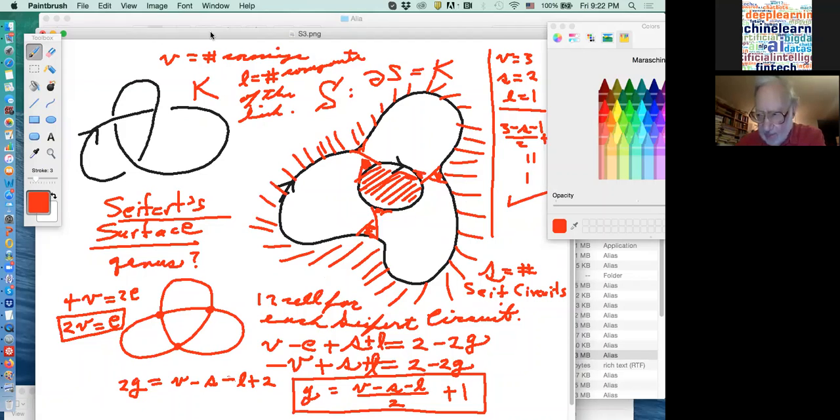Now, this is the usual way of thinking about that surface. And I want to talk now about a way to think about it in terms of cobordism. But before we do that, I think I should mention to you a couple of facts about this surface other than calculating its genus.